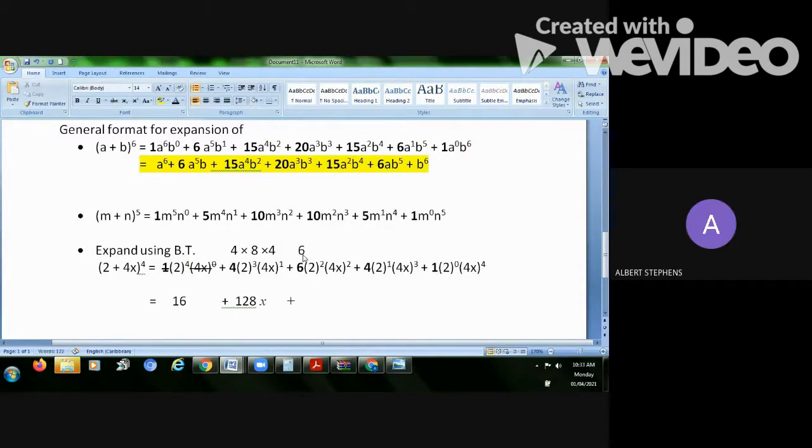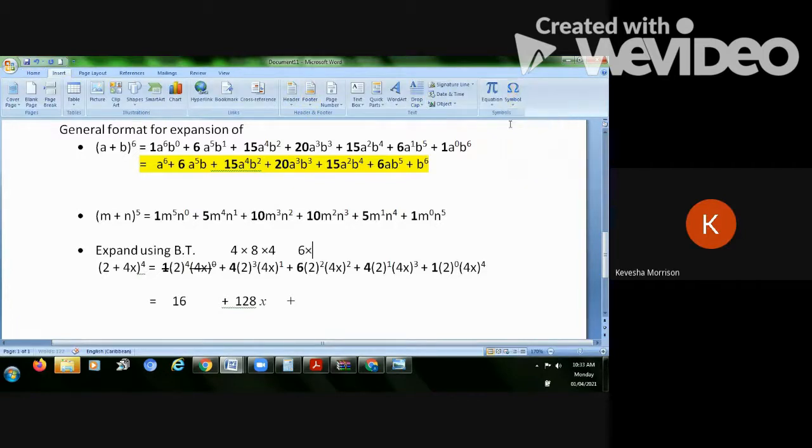So it's actually 6 times 4 times 4 times 16. Okay. All right, cool. So what is that equal to? 70x squared. 70? It's not working.